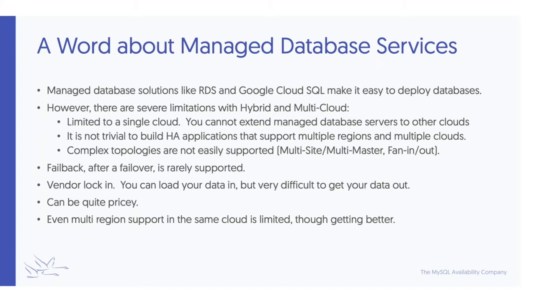They work pretty well, but there are some limitations, especially when we consider hybrid and multi-cloud. Namely, if a cloud provider has a managed database, it's only going to be available, of course, in that provider. So you're not going to be able to extend RDS to on-prem or in Google Cloud, for instance.